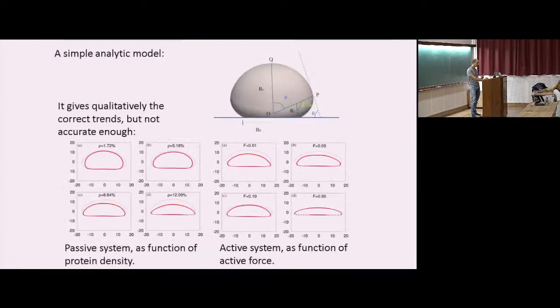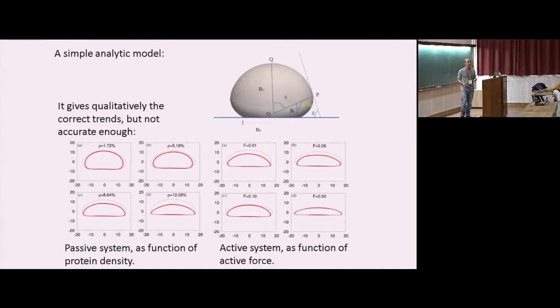Yeah, so we tried a simple analytical model to include the force. I wouldn't say that it was so great, because for an analytical model, you need somehow to parameterize the shape, and the shape is not easy to parameterize. You see already that there is one region which you parameterize with one radius, and then there's a cap part which you parameterize with another radius, and there's of course the contact part, the flat part.